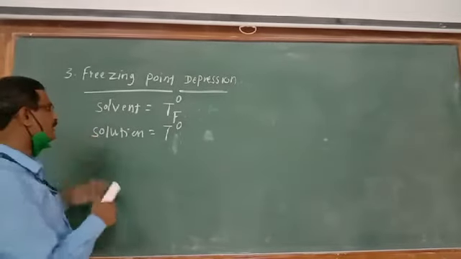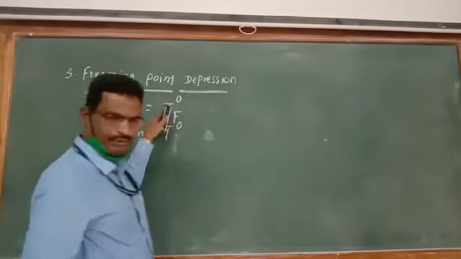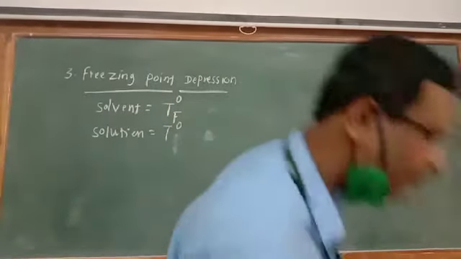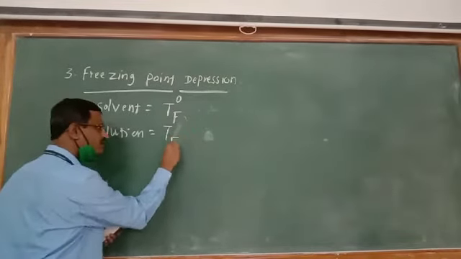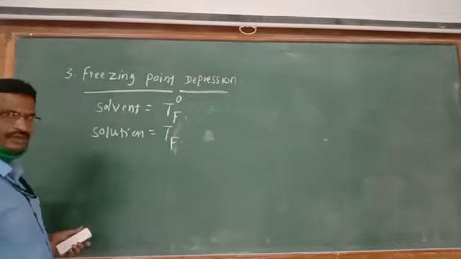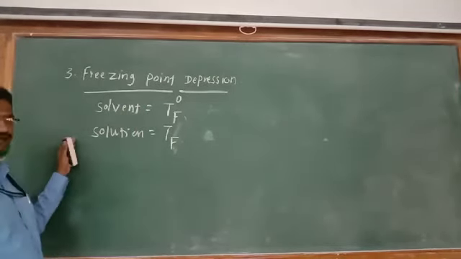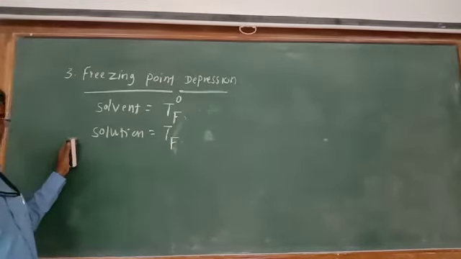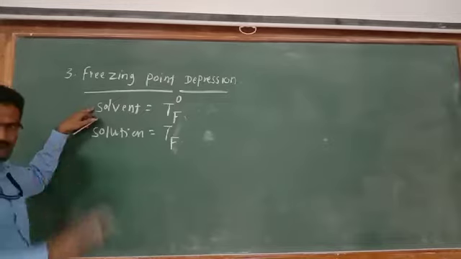Let us consider T0F is the freezing point of pure solvent and TF, not T0, TF is the freezing point of solution. Here we have studied that there is depression of freezing point, meaning when solute is added to the solvent, the freezing point of solvent decreases.